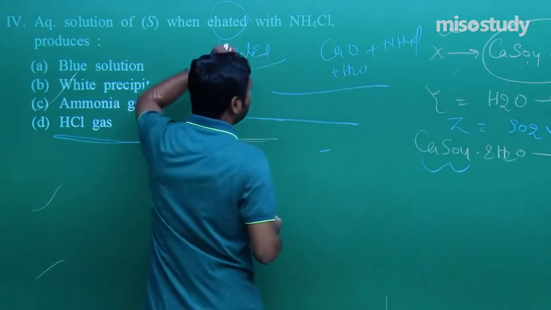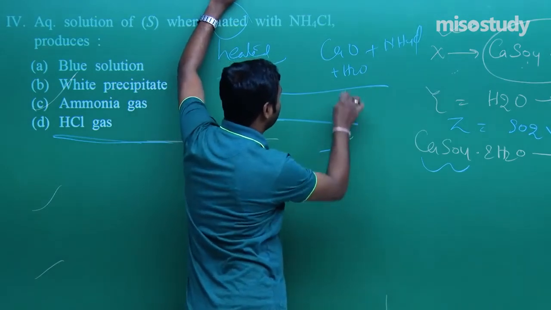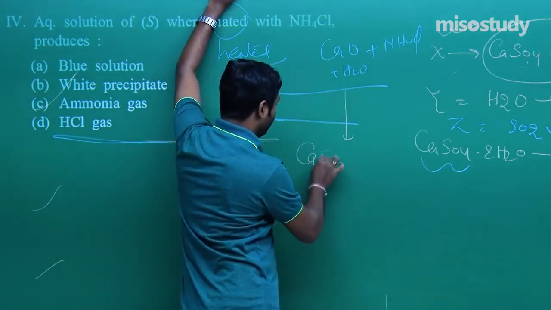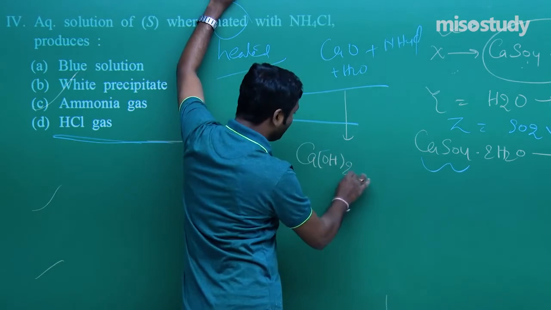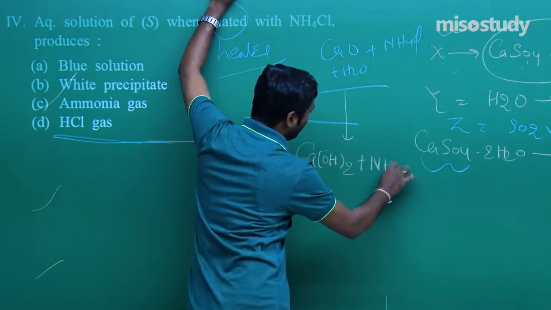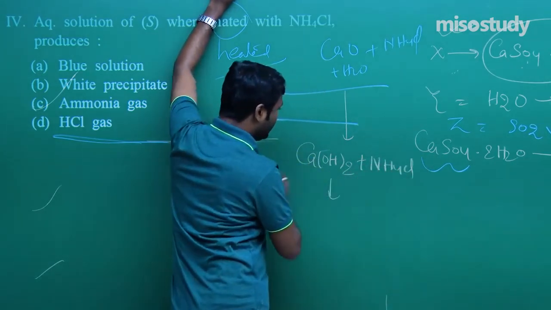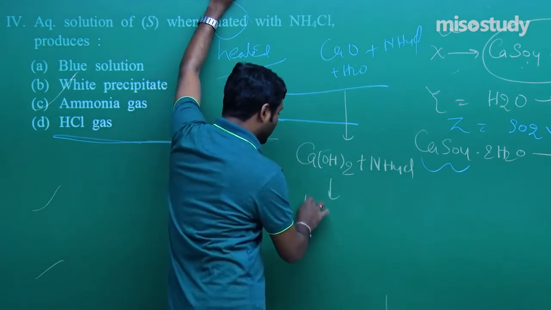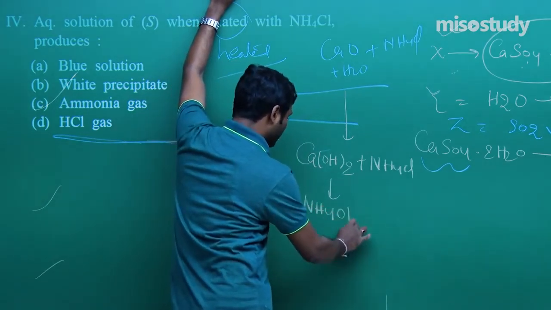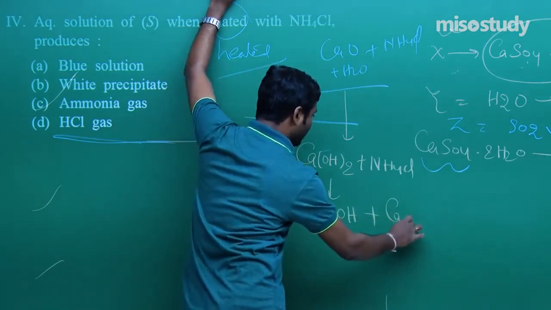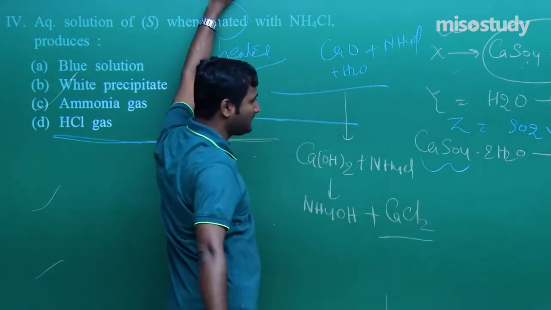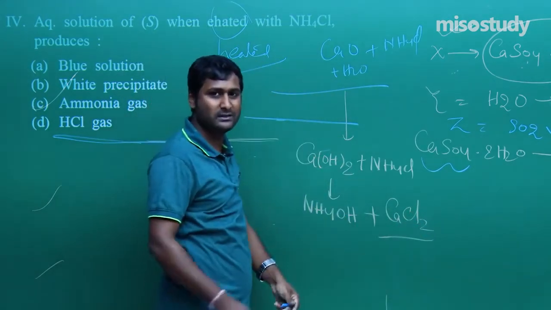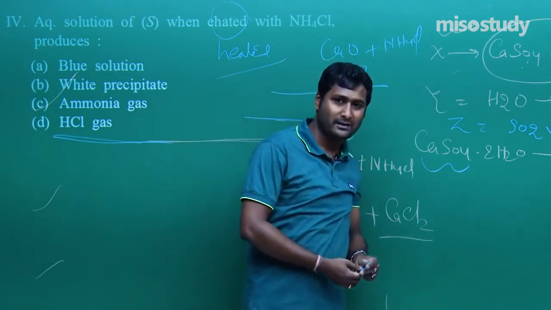What will happen? That is, the reaction is like this: Ca(OH)2 plus NH4Cl. Okay, what will it give? So NH4OH, I'm not going to balance, this is a simple question, plus CaCl2. I know this is not very simple, but you have to focus on this, you have to go through the theory, then you can solve.